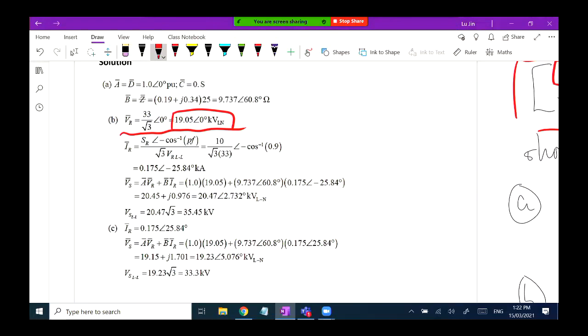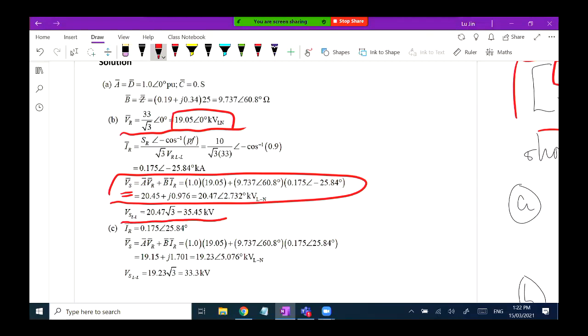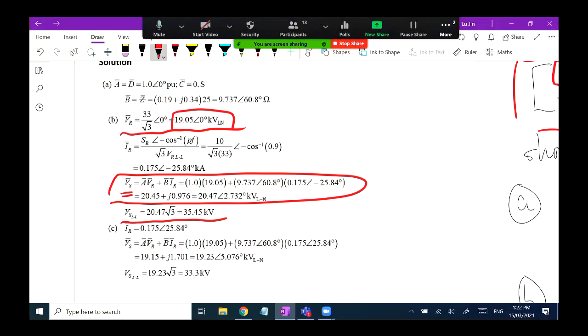Make sense? Then you can see after we finish this calculation, we derive the VS. This VS in this solution is actually the phase voltage at the sending end. So everyone make sense? Is that okay? And the very last step, we convert that sending end phase voltage to the line-to-line voltage.